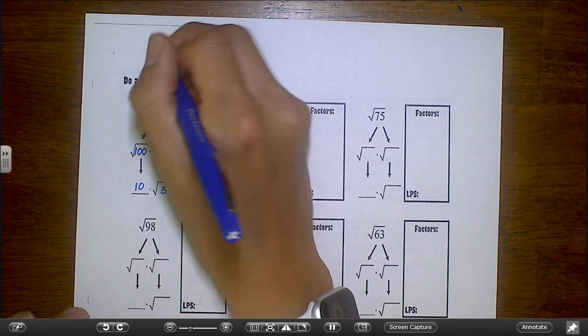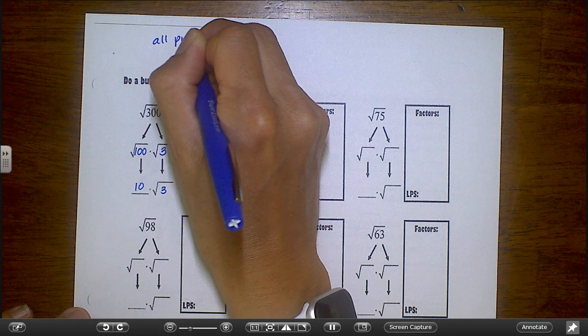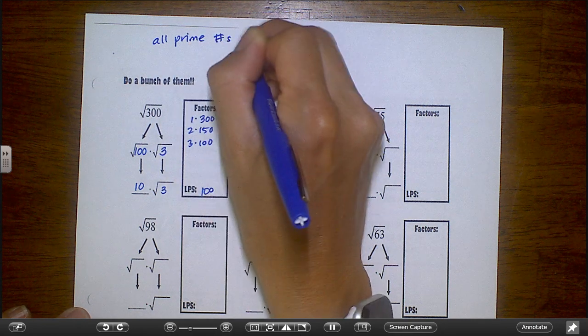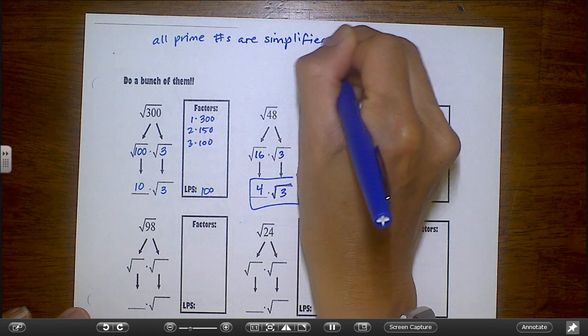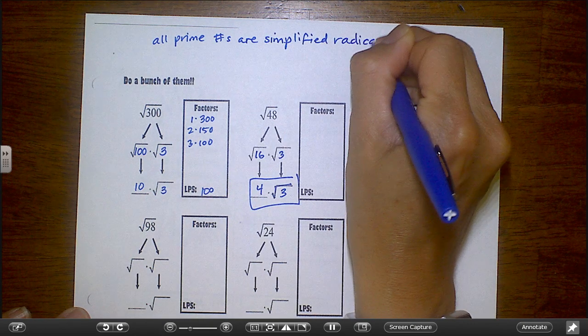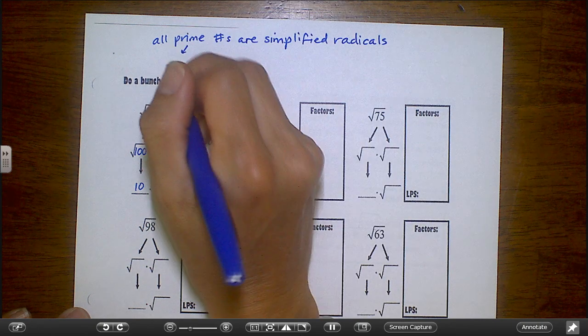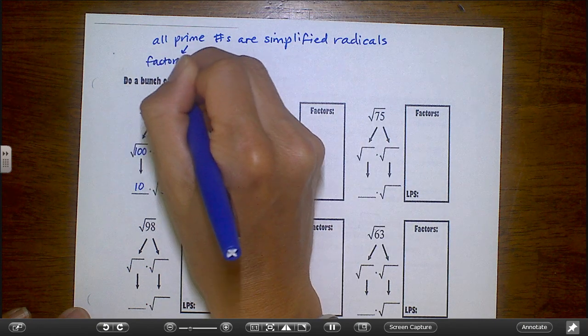Okay, so all prime numbers are simplified radicals. Because if you remember what a prime number is, its only two factors are 1 and itself.